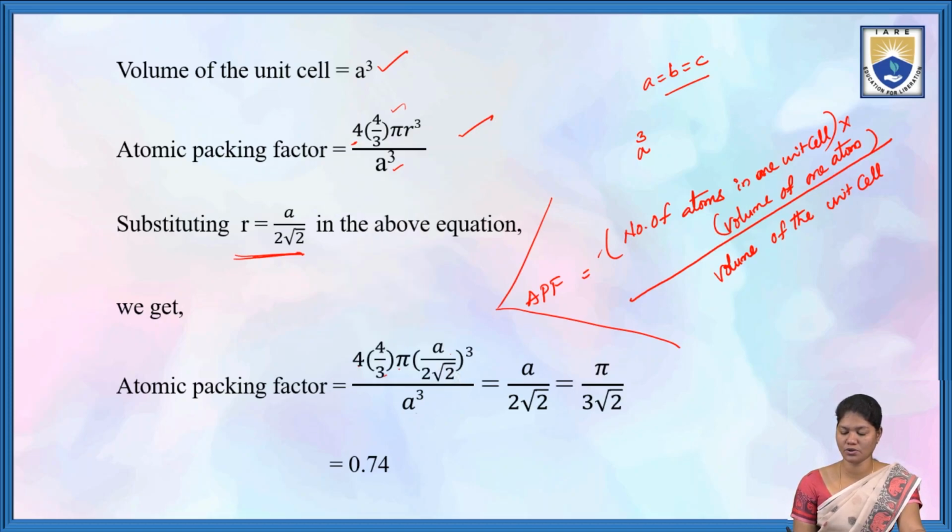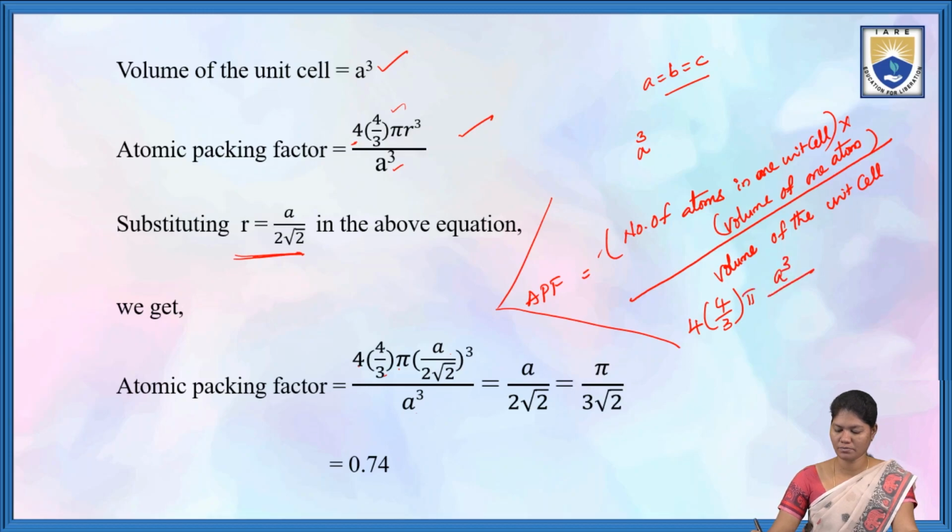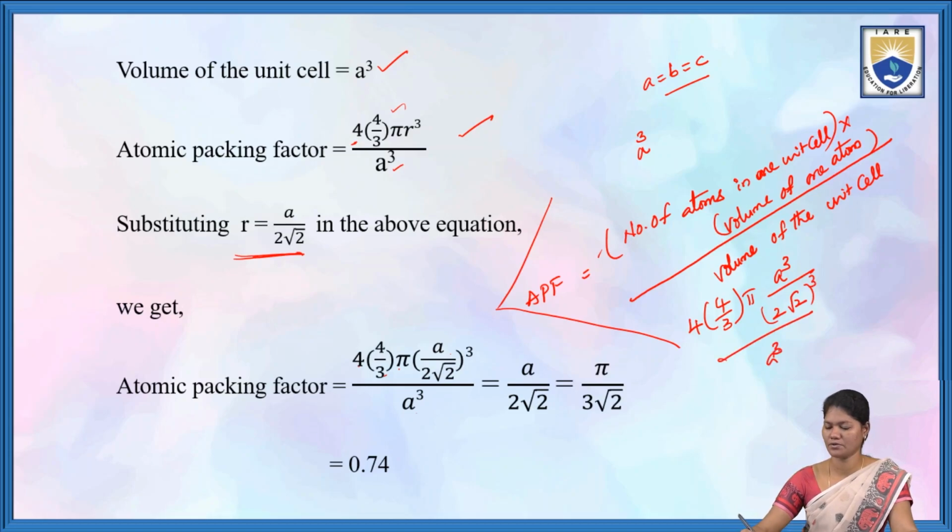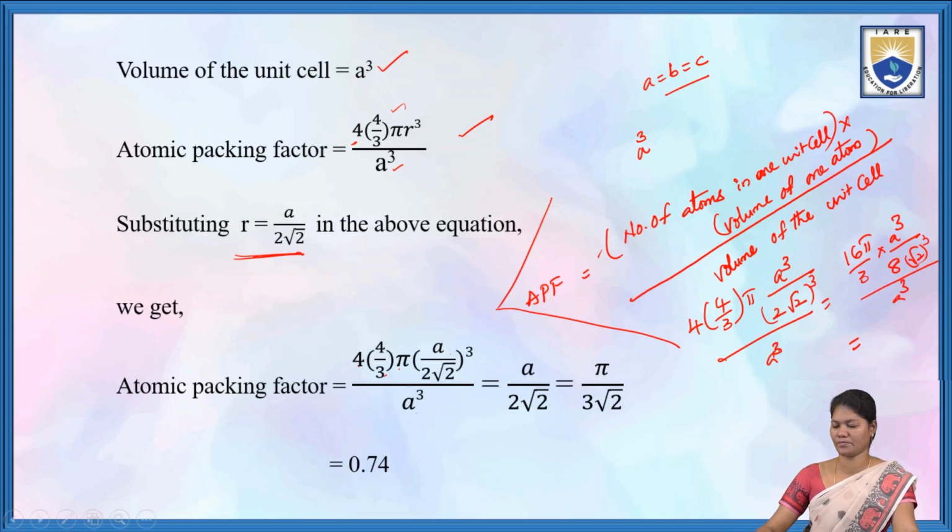So that can be written as 4 by 3 pi A cube by 2 root 2 whole cube divided by A cube. So this can be 16 pi by 3 into A cube by 8, divided by A cube.